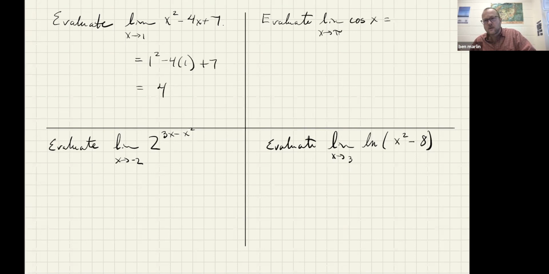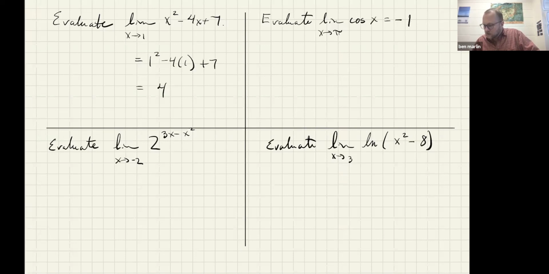Am I taking a square root of a negative? Cosines don't do that. They're talking about x and y values that come out of angles on the unit circle. So try just plugging it in. You get -1. You're done.